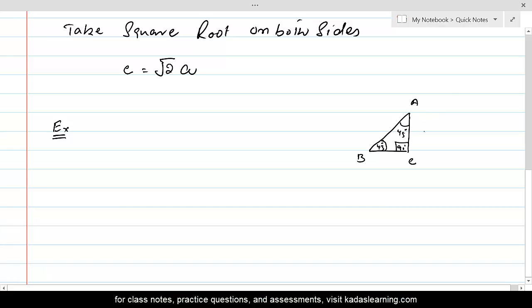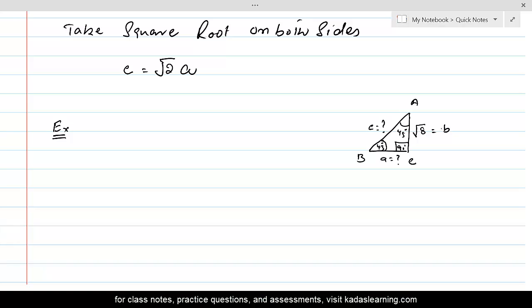And here it's given that this side is equal to under root 8. This is A, which we don't know. This is C, which we don't know. And this is B, which is given. Of course, the Pythagoras theorem will not work because the base is not given and the hypotenuse is not given. There is only one side that is given. So we should have some additional information.